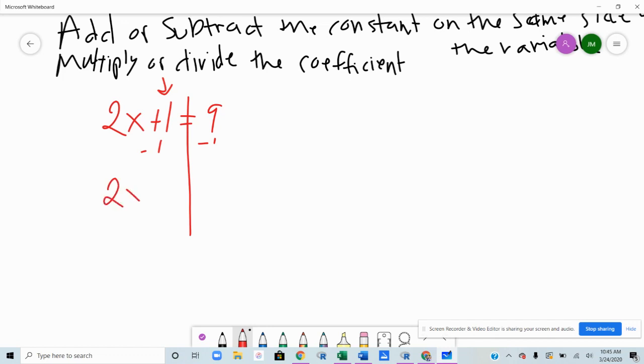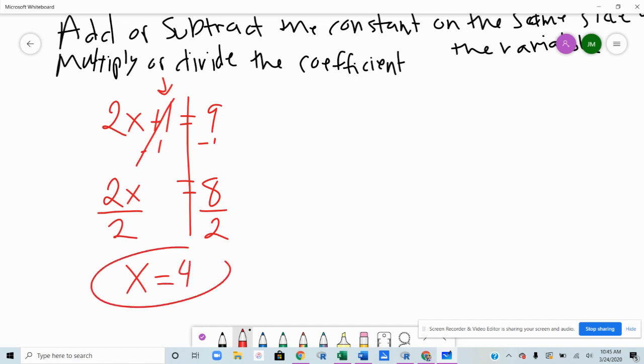Gives me 2x. 1 minus 1 is gone. 9 minus 1 is 8. Then you move to multiplying or dividing with a coefficient. Remember, your coefficient is the number in front of your x. For us, the number in front of x is 2. So we're going to divide by 2 on both sides. 8 divided by 2 is 4.